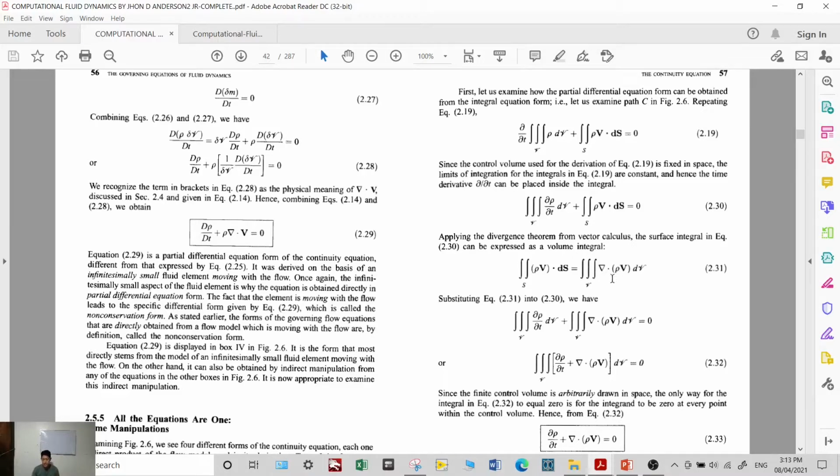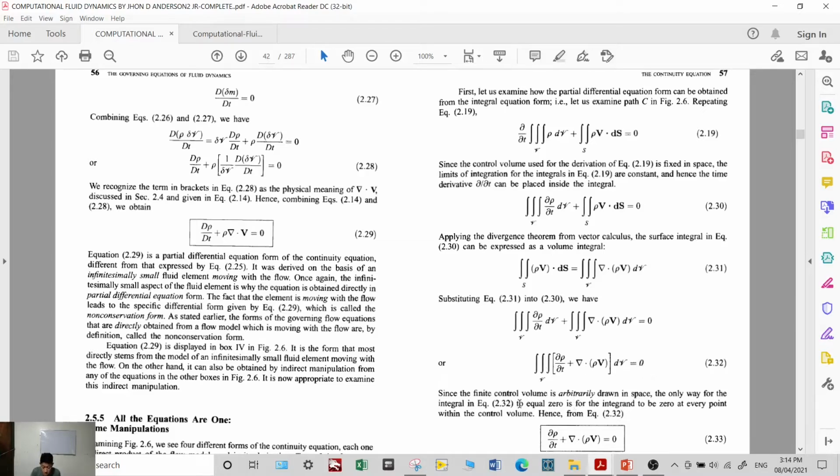And then, when you change that, both become volume integrals with the same dV, so they can be combined. So the integral of partial of rho with respect to time plus del dot rho V, dV, is just equal to 0.